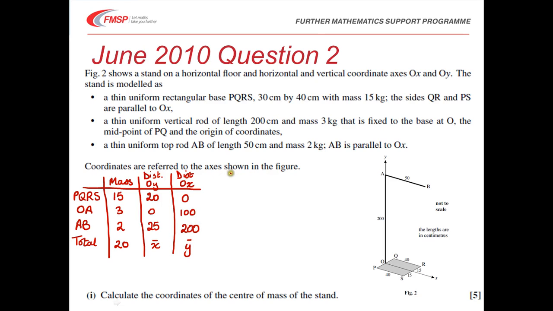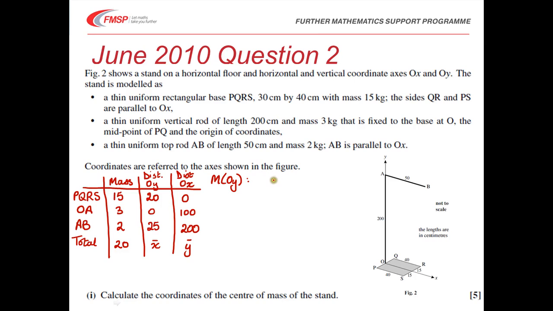Okay, so the basic method for this is to say that the sum of the moments of each of the elements is equal to the moment of the total mass of all of the elements. So let's work that through. We're going to take moments about the vertical axis first of all, so taking moments about an axis along OY. Moment, in this case, we're going to use mass times distance.